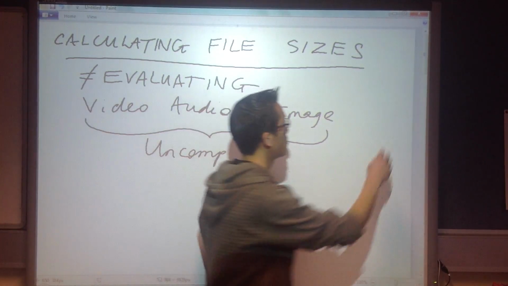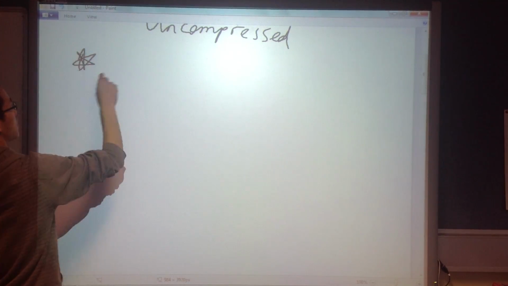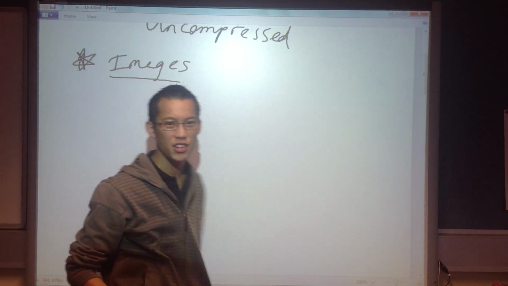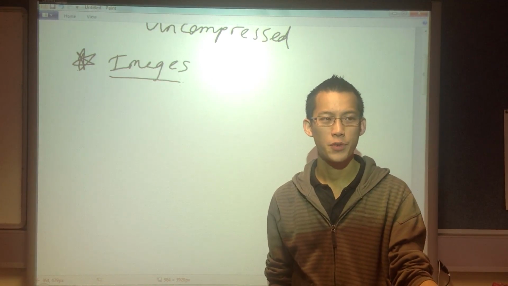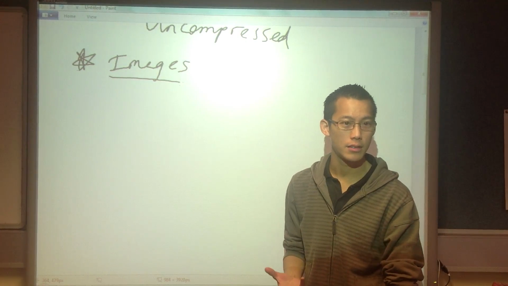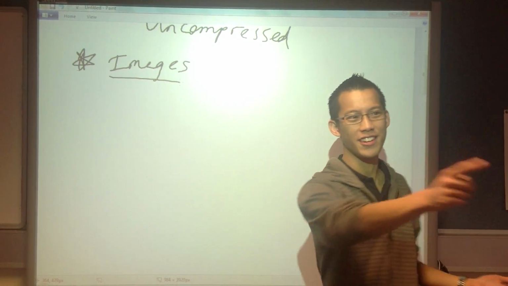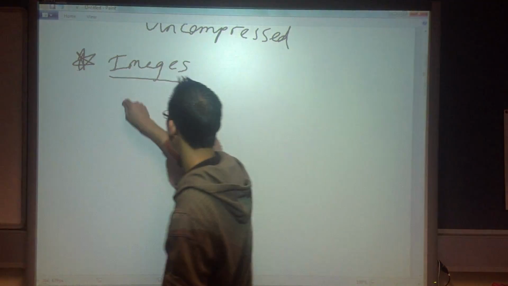All right, let's start with images. Now, let's see how much of this you can remember. There are only really two things you need to know, two quantities about an image that'll tell you what its file size should be. This is just uncompressed. Does anyone remember? Number one, bit depth.